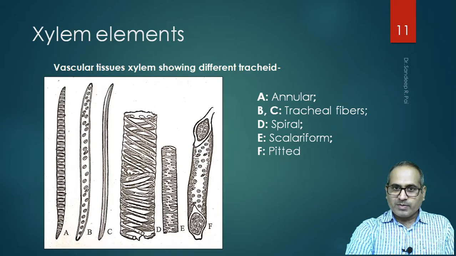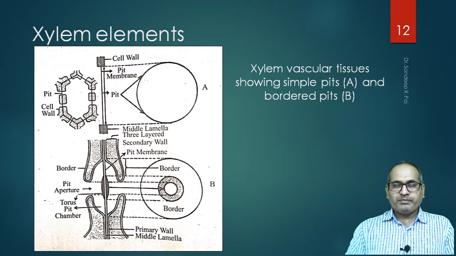D is spiral. The arrangement of xylem tracheids itself shows that it is spiral. Scalariform, you will see this random scalariform formation in figure E. And lastly, pitted, you will see here pits which are there onto the tracheids.